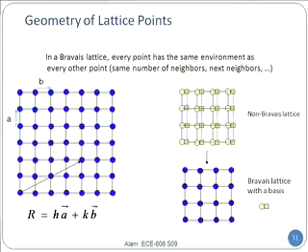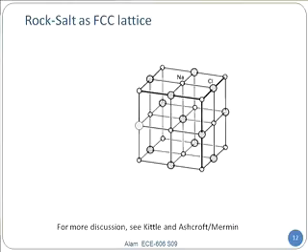Now the point of introducing this was to come to this. One is this rock salt lattice structure, and this occurs in a face-centered cubic lattice. Do you see why? First of all, this is not a type of lattice we have seen before. Here we have sodium and chlorine.